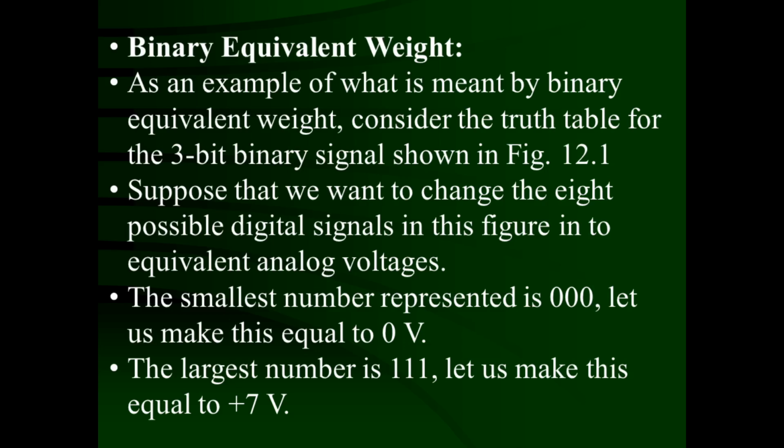Suppose that we want to change the 8 possible digital signals in this figure into equivalent analog voltage. The smallest number represented is 000. Let us make this equal to 0 volt. The largest number is 111. Let us make this equal to plus 7 volt.